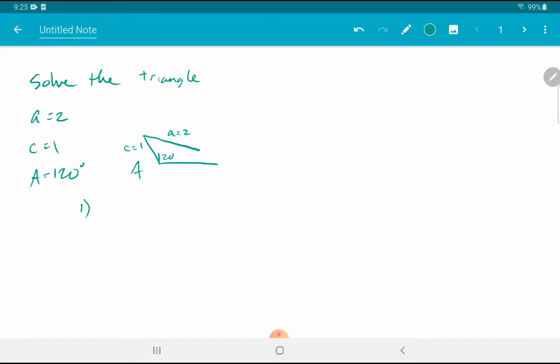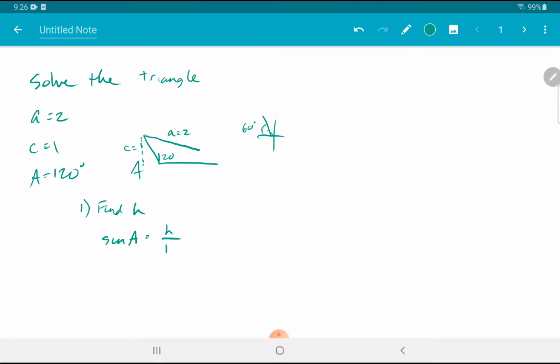Remember, step 1, always find the height. And so to do that, remember we can represent the ratio sine of A is equal to the height over the hypotenuse in this case, which is 1. Since A is 120 degrees, keep in mind that 120 degrees places you in quadrant 2, but technically it also has a reference angle of 60 degrees.